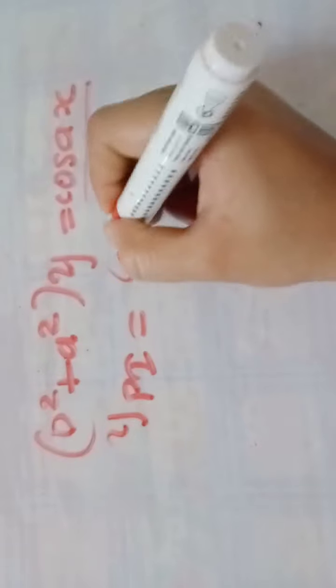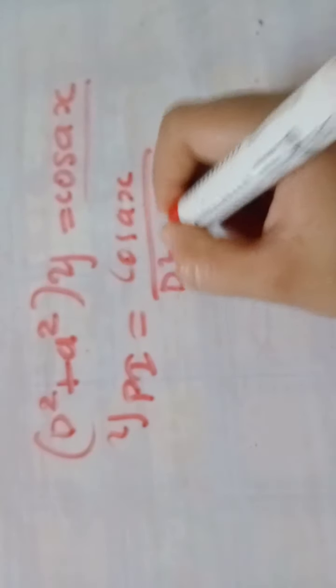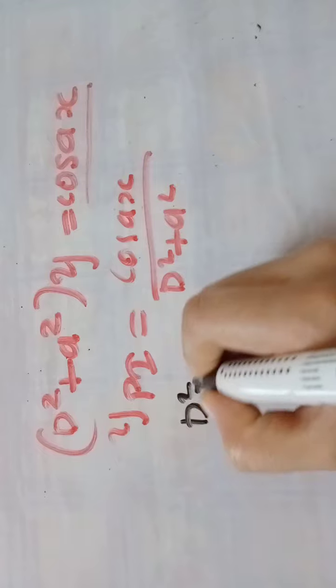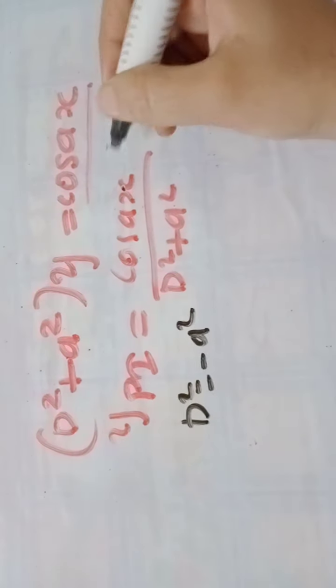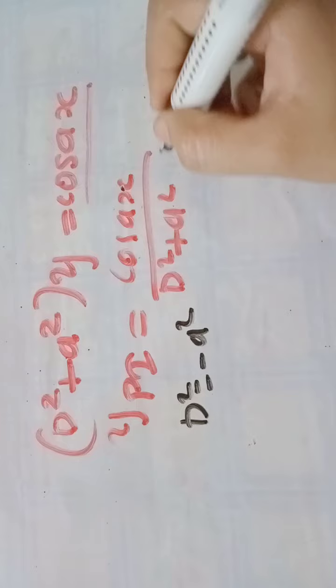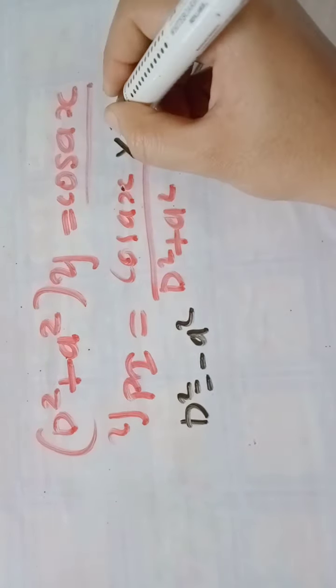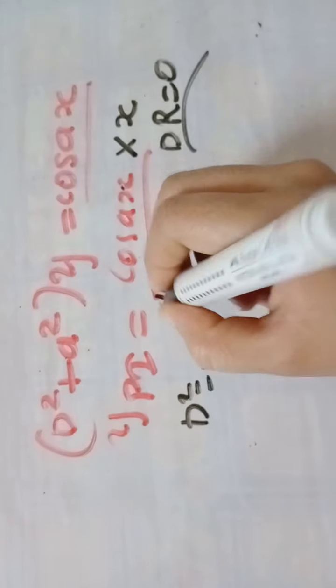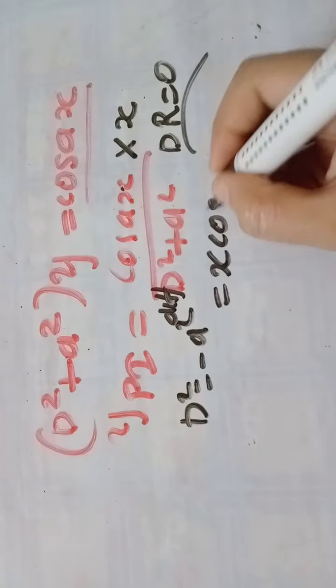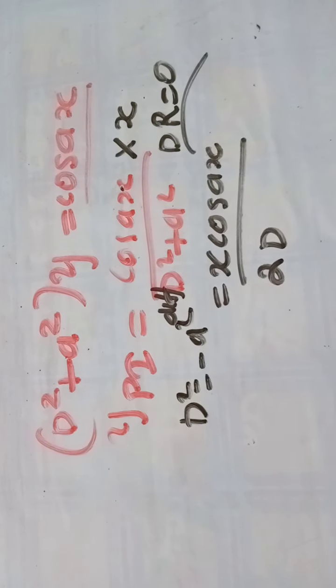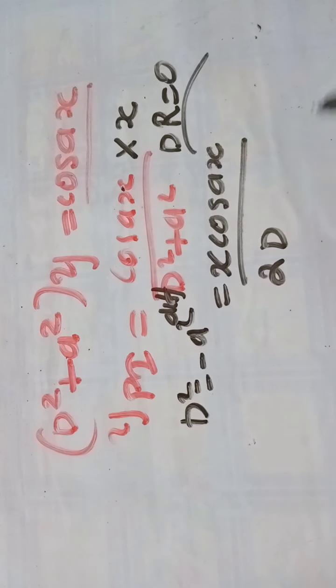So cos ax divided by D square plus a square. For that we put D square is equal to minus a square. By substituting minus a square, the denominator becomes 0. So we multiply the numerator with x and differentiate the denominator: x cos ax divided by 2D.